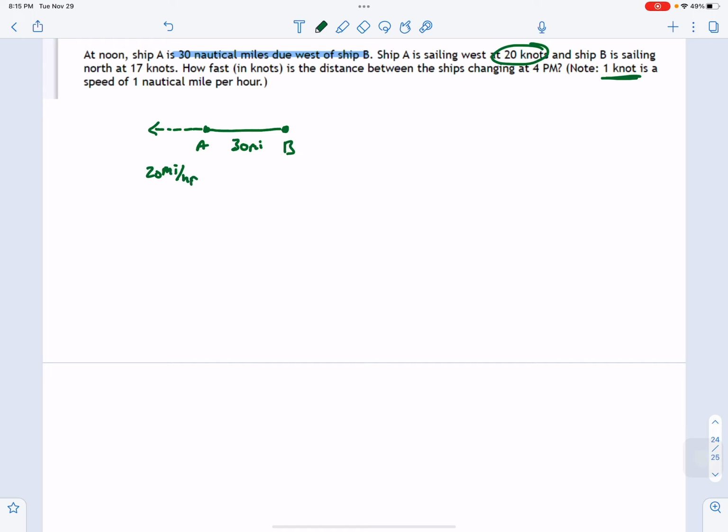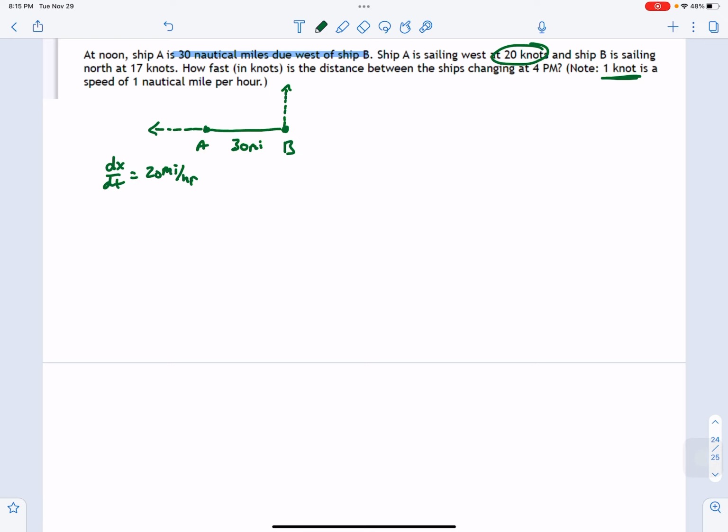And also, how would we describe this? I would say this is in an x direction, right? And it's a rate, so I'm going to call this dx over dt. So we're moving in some x direction. Ship B, though, is sailing north, so they're going up this way.